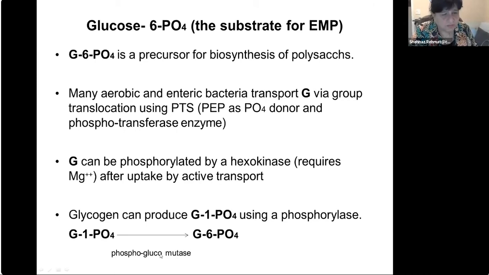This will be the mutase enzyme that converts glucose 1-phosphate to glucose 6-phosphate. I'm just showing you different sources of glucose 6-phosphate in the cell, and another use of glucose 6-phosphate is for the biosynthesis of polysaccharides. Any questions?